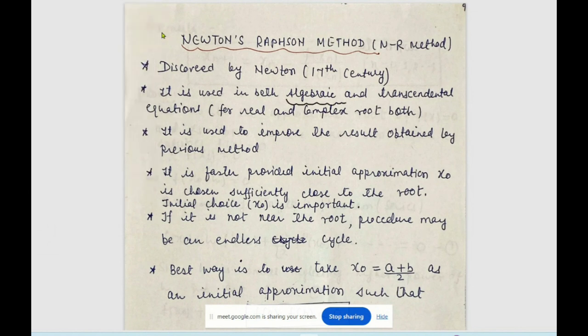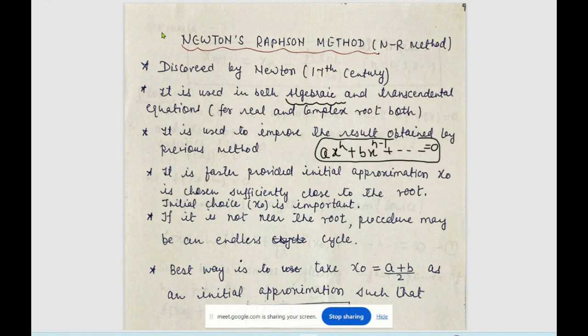What is an algebraic equation? I think you know. Every polynomial, like suppose I am writing ax to the power n, bx to the power n minus 1, and so on. This is a polynomial of degree n, and if you want to solve this equation but it is very complicated, then you can use any numerical technique like the secant method, the regula falsi method.